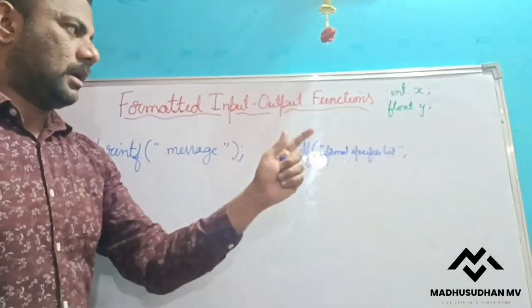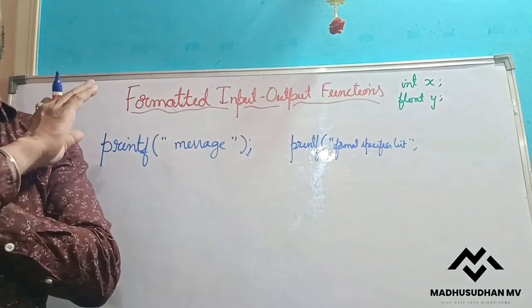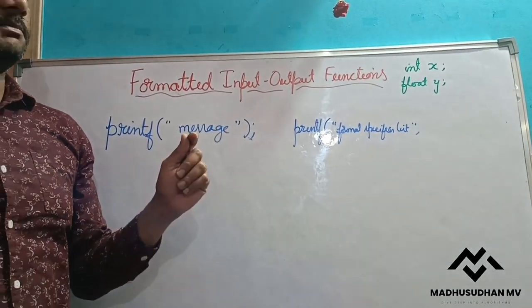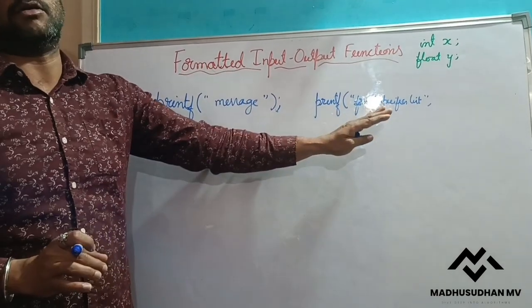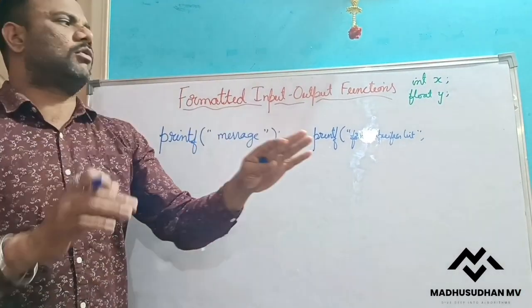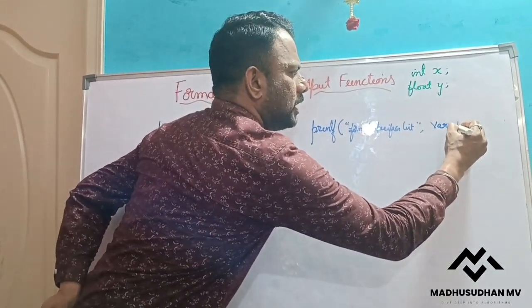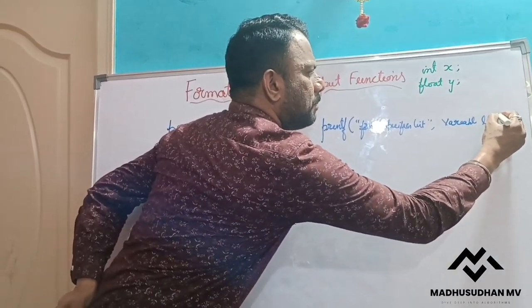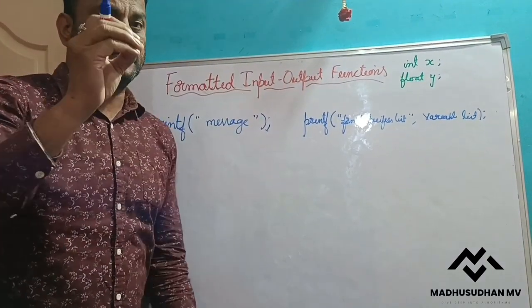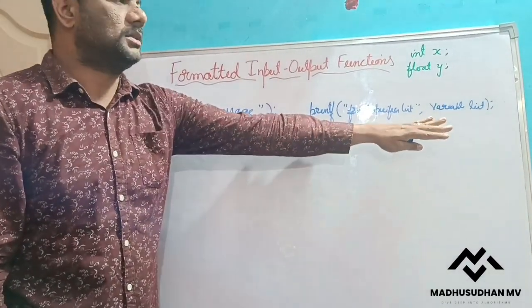We should be careful with scanf: within the double quotes we should not write anything other than the format specifier list. But in printf, it is allowed, along with the format specifier, whatever you want. Then it is followed by the variable list, without ampersand. In scanf, the ampersand is compulsory; in printf, no ampersand. This is printf.